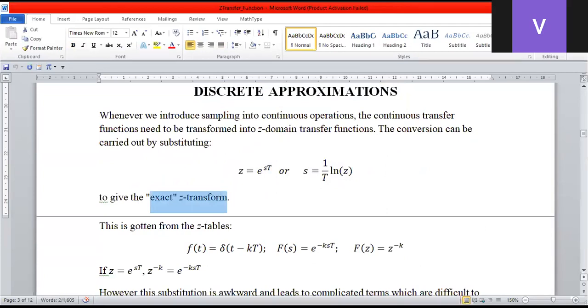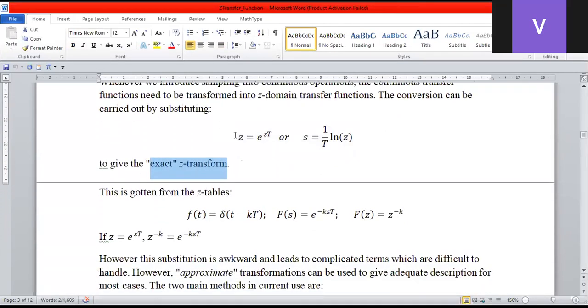And the reason why I got this Z, in order to convert from either the Z to the S domain or vice versa, is that from the tables, I'll go back to the tables very soon.